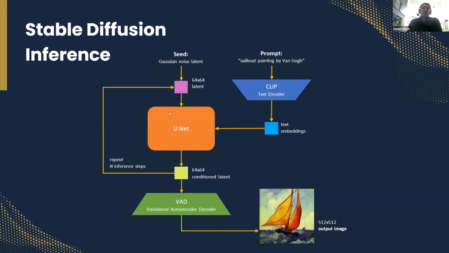It's called UNet because it has the shape of a U. If you look at the actual architecture, it's a convolutional neural network based model. It has different layers: a very long layer followed by smaller and smaller ones, and then it goes back to a long layer again. So it has this U shape.